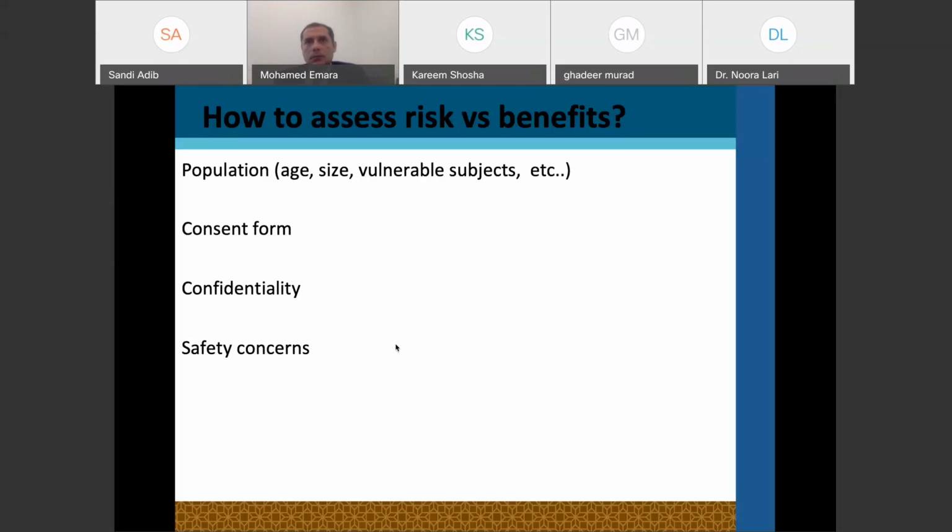Quick example, an experiment that needs to be done, for example, on the effect of stress on the heart. So they make a treadmill run test, okay? Is this going to be safe for the human subjects? This is a concern because there are many parameters that have to be set here.